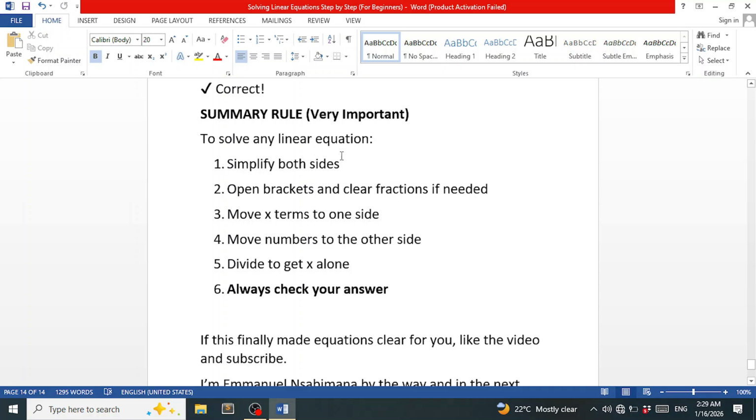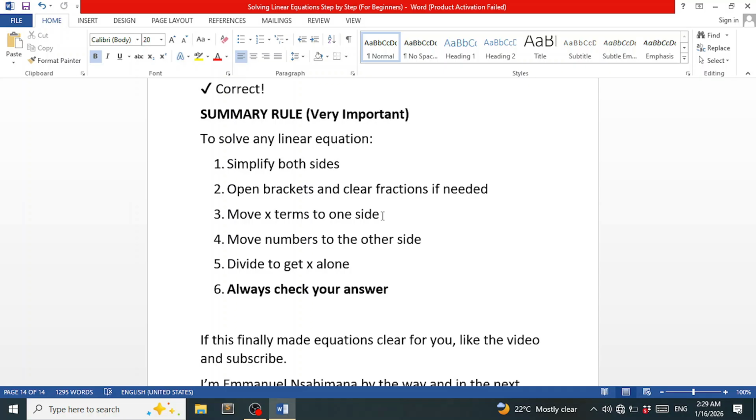Two, open brackets and clear fractions if necessary. Three, move x terms to one side. In this video, we are putting all the terms of x, or whatever unknown or variable, on the left side, then you put the numbers on the right side.